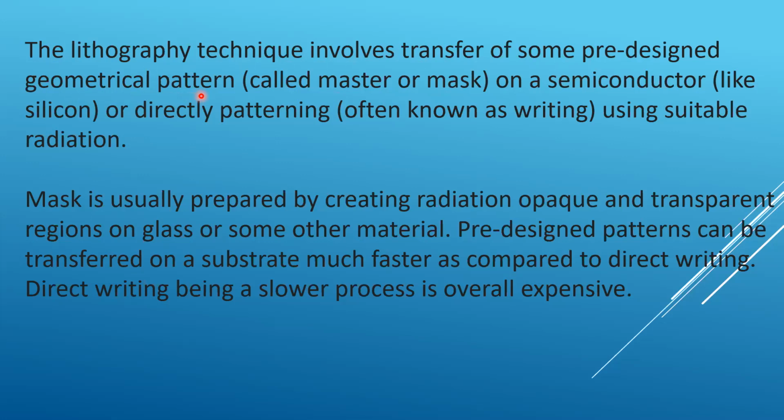The pre-designed geometrical pattern is called a master or mask. This mask is going to be patterned on a semiconductor. The most widely used semiconductor in the electronic industry is silicon. So basically the patterning of the mask is done on silicon in the electronic industry, making use of lithography, or directly patterning using suitable radiation.